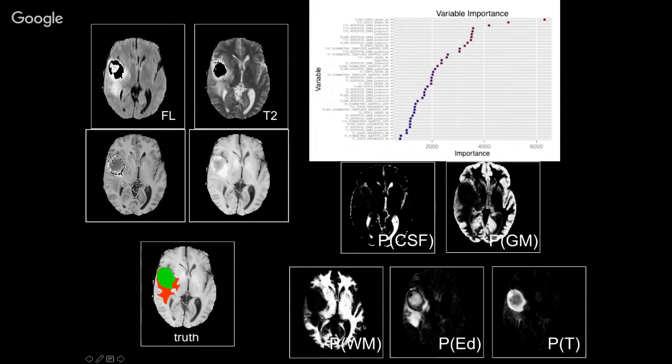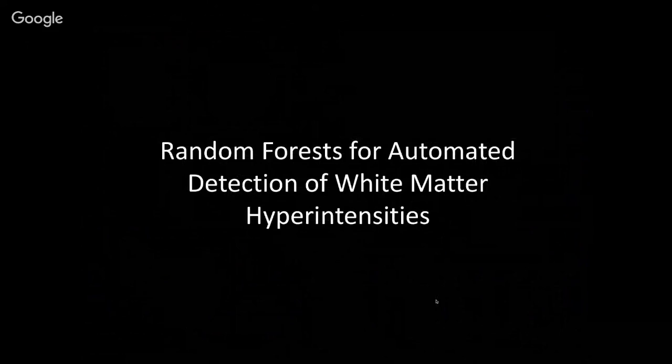And so with a very high degree of consistency and reproducibility, we were able to design a random forest decision tree that allowed for the detection of tumor and also allowed for the detection of associated edema as well.